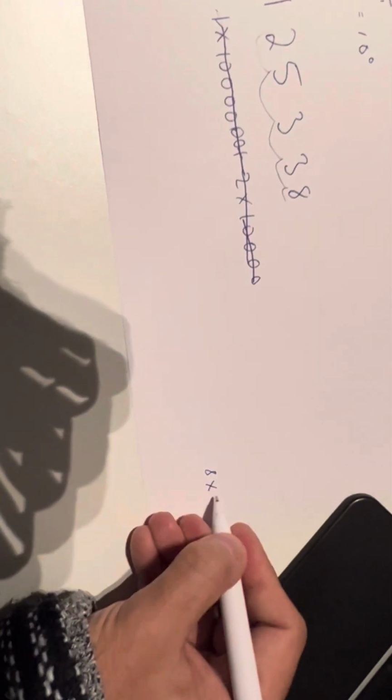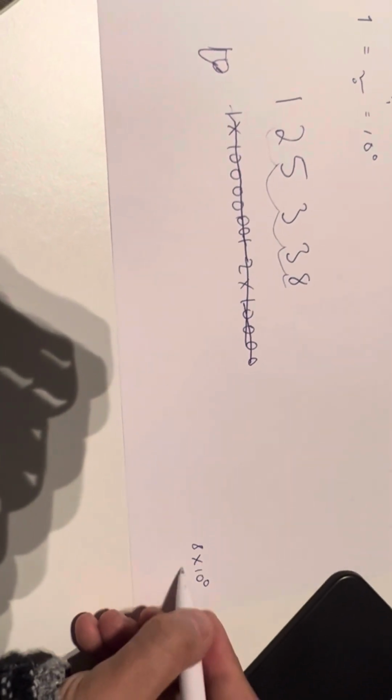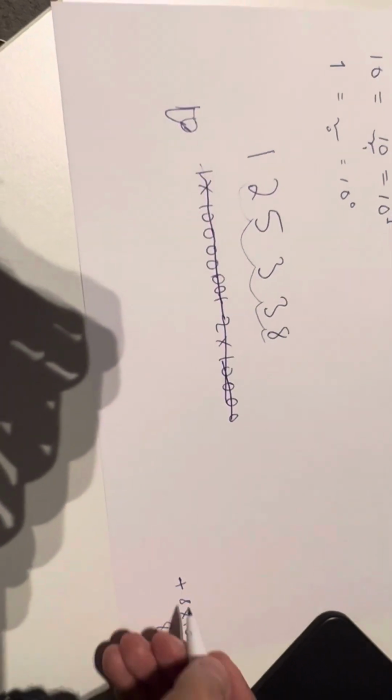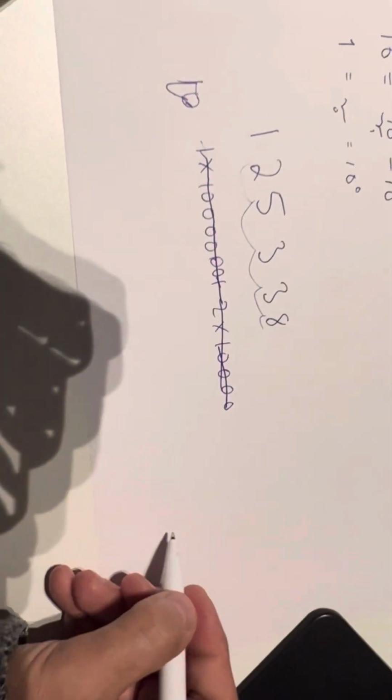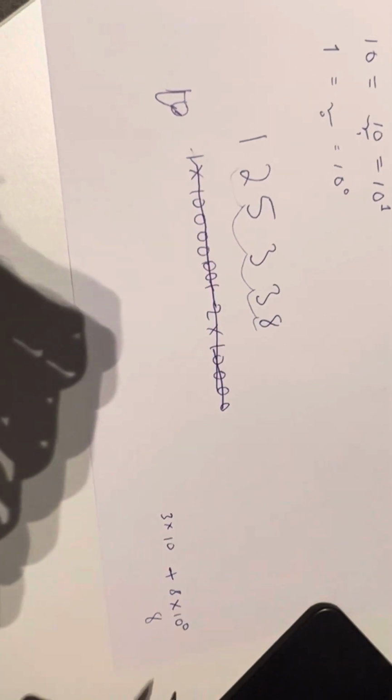So this will be 8 times 10 to the 0, or just say 8, plus 3 times 10, right?